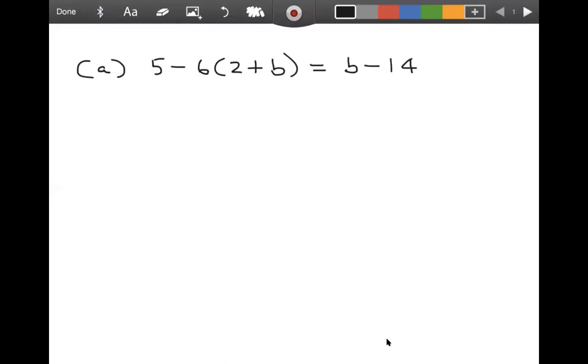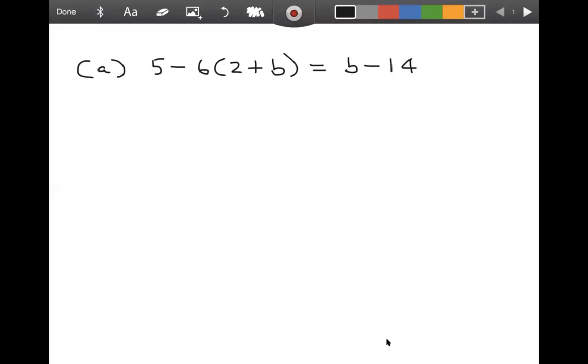All right, first example, we have 5 minus 6 times (2 plus b) equals b minus 14. So I'm going to talk you through the steps that we just talked about. Step 1 is to remove fractions if there are any fractions. In this case, there aren't.